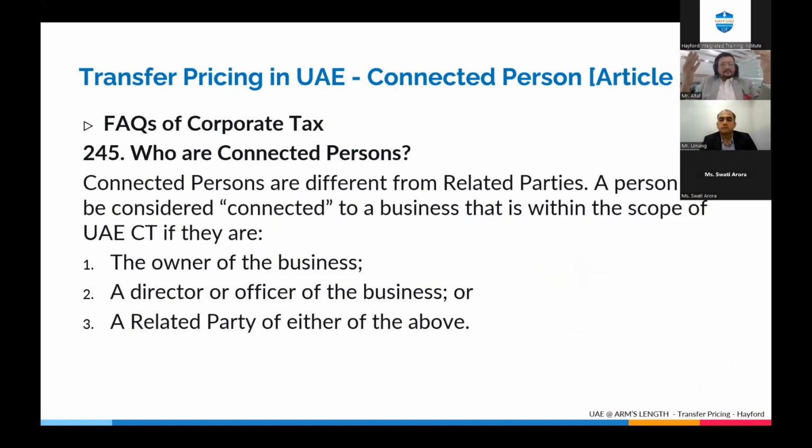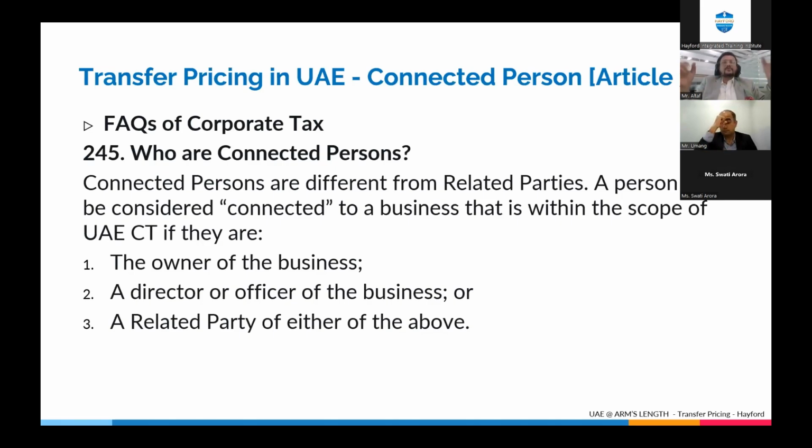We have another frequently asked question in the frequently asked questions document. You can actually download this document from the FTA website as well, just to let you know. So question number 245 says, who are connected persons? Now, those people who do not know that much of corporate tax law, or for that matter, corporate law, in our experience over the last 1.5 years that clients have been interacting, majority of times people have asked this question: what is the difference between the related parties and connected persons?